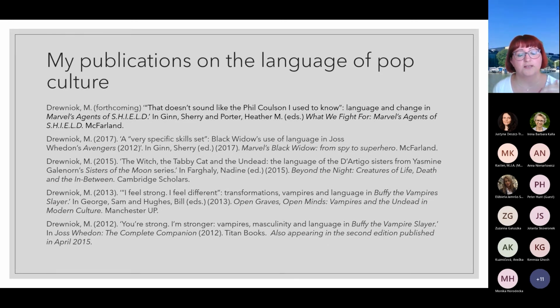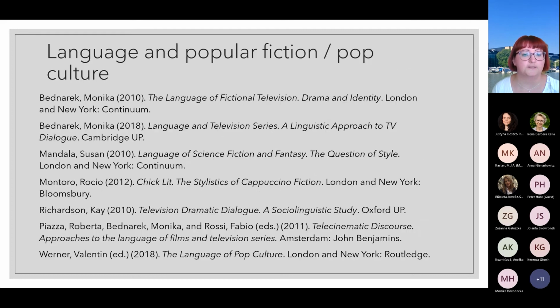And then the top two are something I've been doing recently, the language of the Marvel Cinematic Universe. The top one is in the works and will probably come out next year. But just to show you that if you're interested in this, there's no limit to what text you're looking at, and people are interested in analysis of such texts.